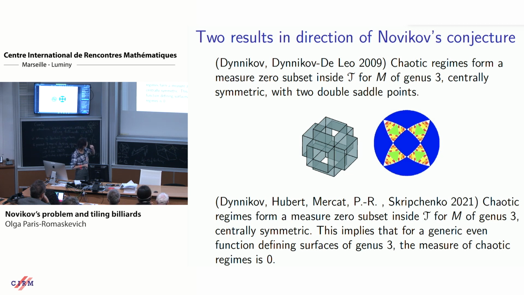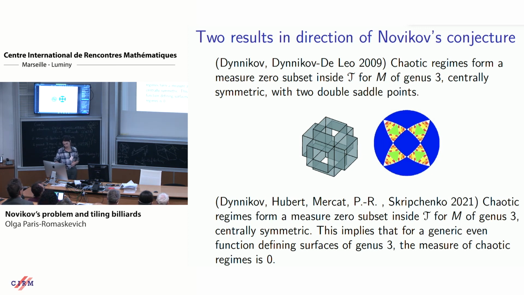Let me say that the centrally symmetric case is very important for our work and our proofs, but one can say that it's okay because Fermi surfaces are always centrally symmetric, so it's a meaningful case for physicists. Genus can be made higher, indeed, but in some sense genus 3 is the simplest one and the most interesting for physics, because for higher genus, probably chaotic components will still be concentrated on genus 3 surfaces.